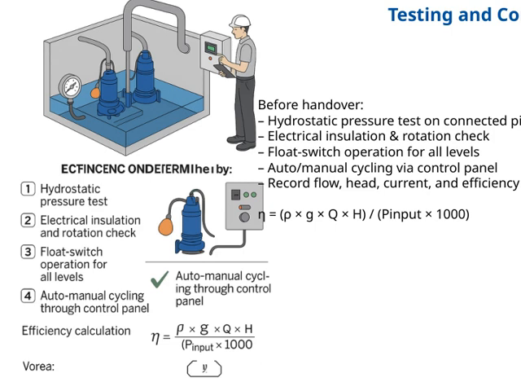And speaking of efficiency, remember this key formula. Efficiency equals the product of density, gravity, flow rate, and head, divided by the input power, all multiplied by 1,000. This gives us a clear metric to evaluate how well our system is performing relative to the energy it consumes. All these steps are essential to ensure that the system is reliable, safe, and ready for operational use.